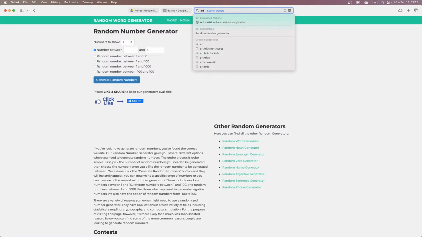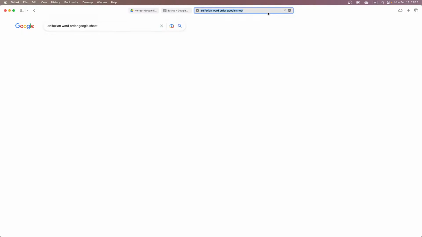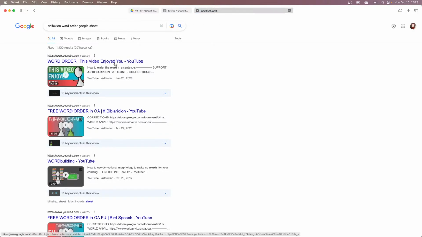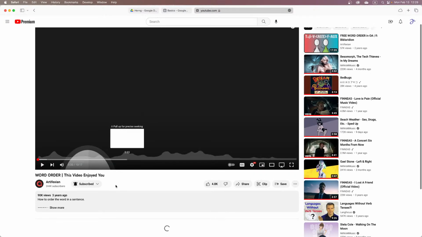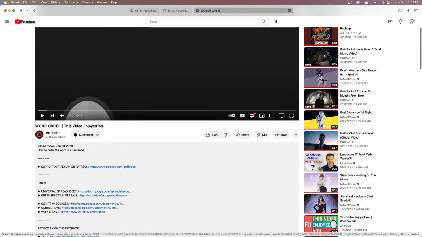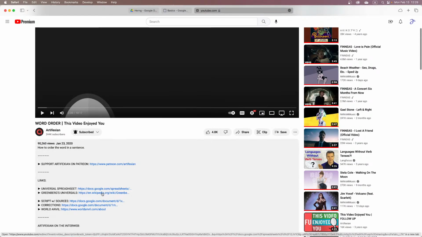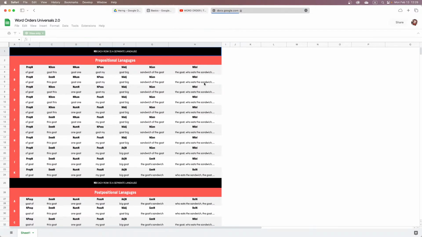Didn't Artifexian have a word order sheet? Didn't he have a sheet somewhere that shows common word order? Universal spreadsheet, is that it? Yes, that is it.